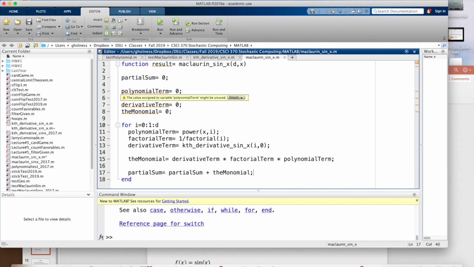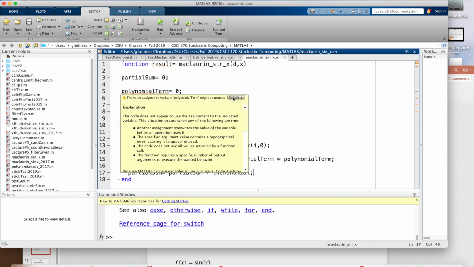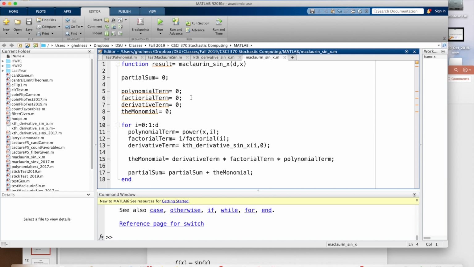And I don't know why, it says the value assigned might be unused. Okay, I don't want them to be local. Oh, come on, shouldn't matter. All right, I'll just ignore that.